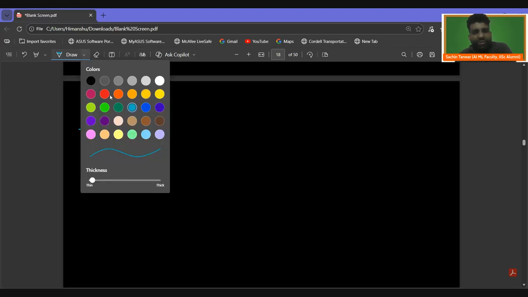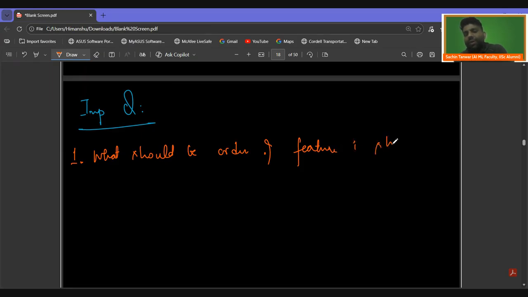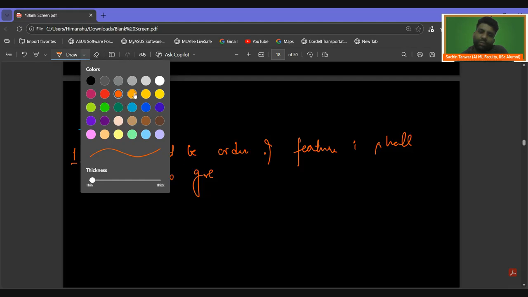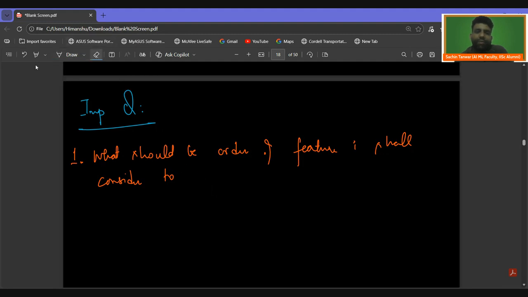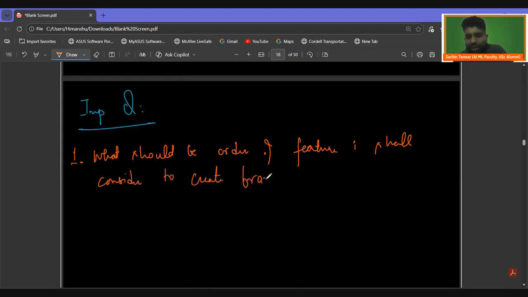So the first question is going to be: what should be the order of features I shall consider to create a branch at any node?